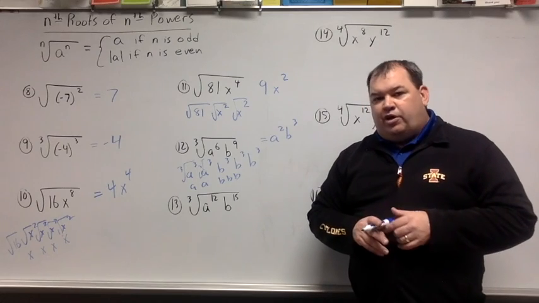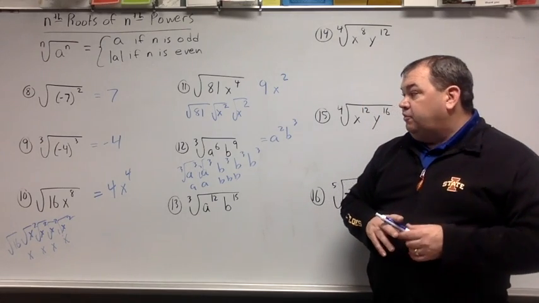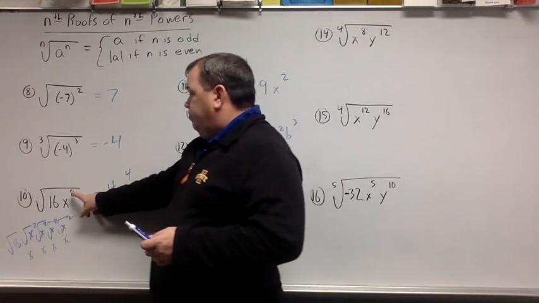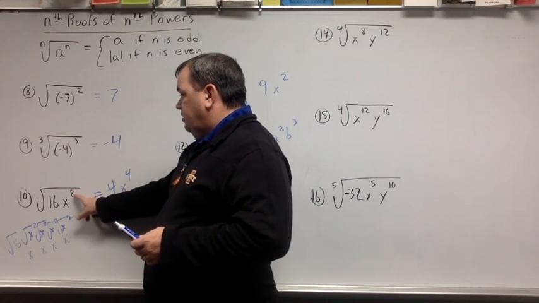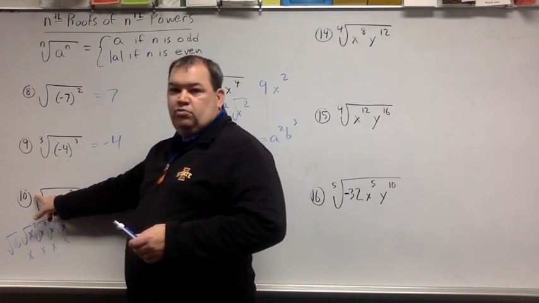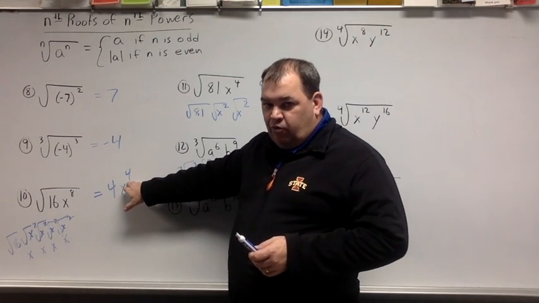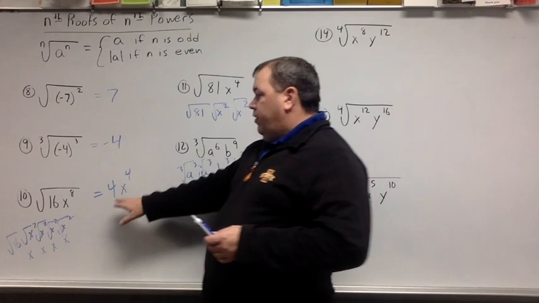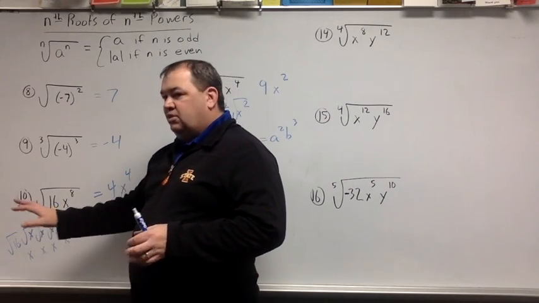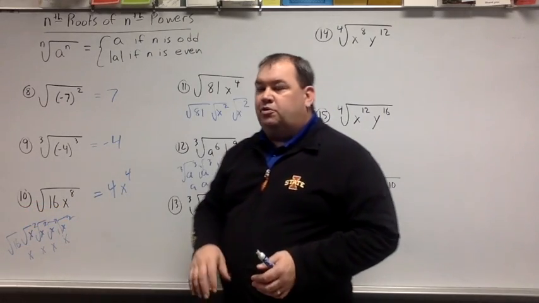But there is a quicker way if you can pick up on the pattern. Think about the power here of being 8 and the root being 2. 8 divided by 2 is where that 4 came from. Now, I can't take 16 divided by 2. This isn't the numbers. This is for the variables.